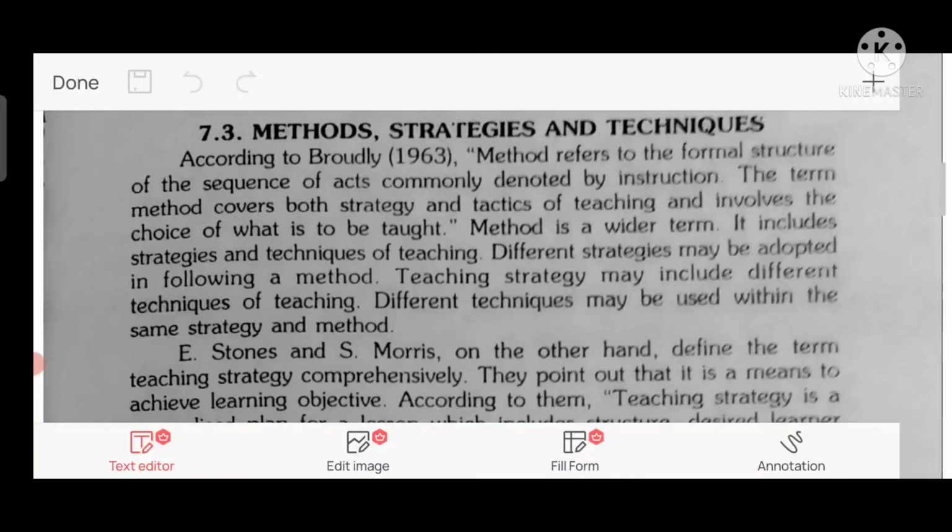The term method covers both strategy and tactics of teaching and involves the choice of what is to be taught. Means the method refers to the nature of the content, and the strategy refers to the objectives of the content.